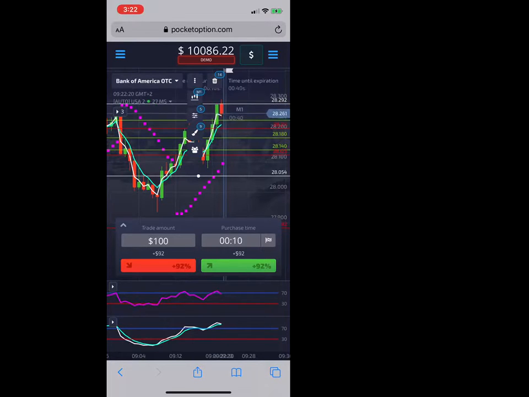Now let's see how it respects these zones. If it wants to respect the red line, if it wants to respect the green line. Let's see what's going on. So I ain't hopping in no trade because remember it's under 45 seconds already. So it'd be a bad time to enter a trade because it can fake you out.